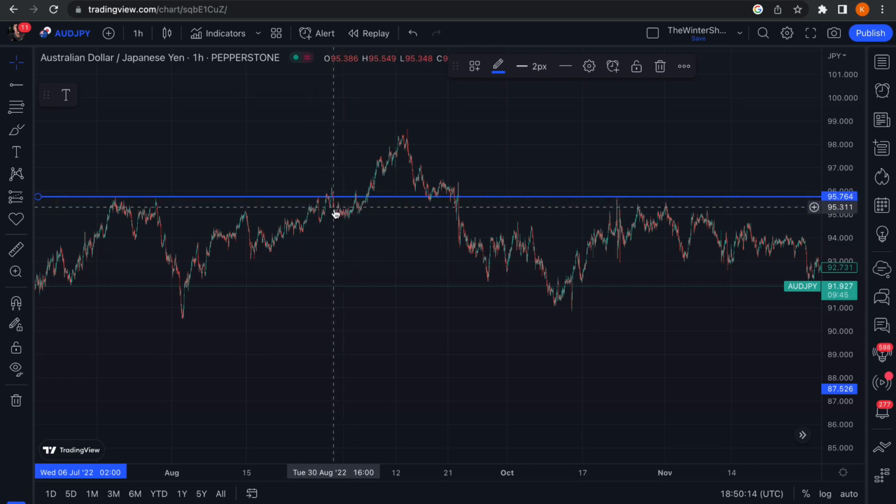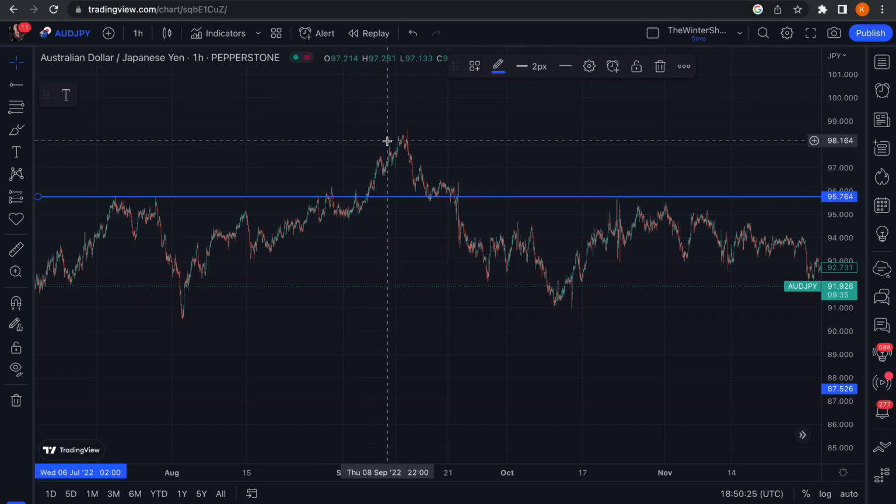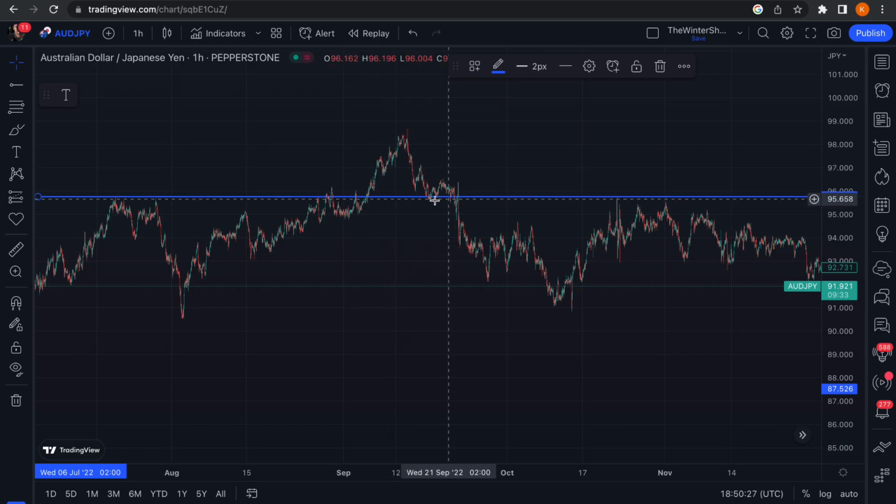It broke through, it retested, acted as resistance. And then when we did break through, we had a close above the resistance barrier, and then it's gone up over. Okay. And then again, when we've come back down, it's hit it, it's retested, come back up, it's broke through. We've had a candle close outside, and then it's come down.